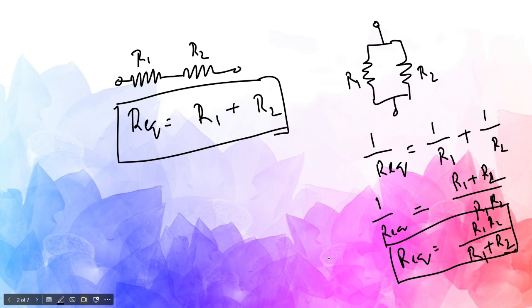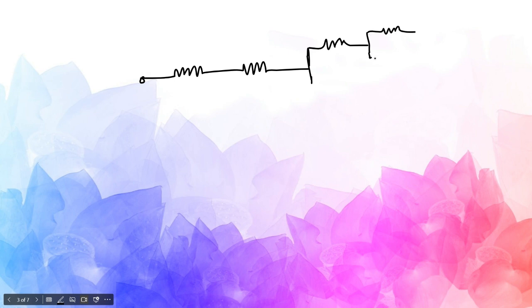Now let us see a complicated circuit and how we can find the equivalent of that circuit. Let us understand a circuit something like this. These are in series, then it gets into something like this, and maybe it is again divided into a parallel circuit.